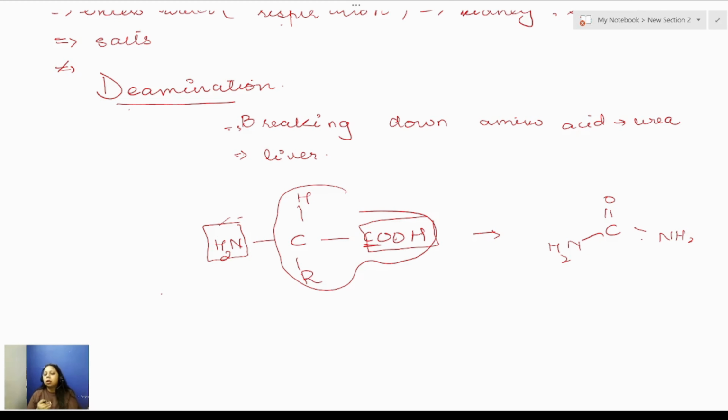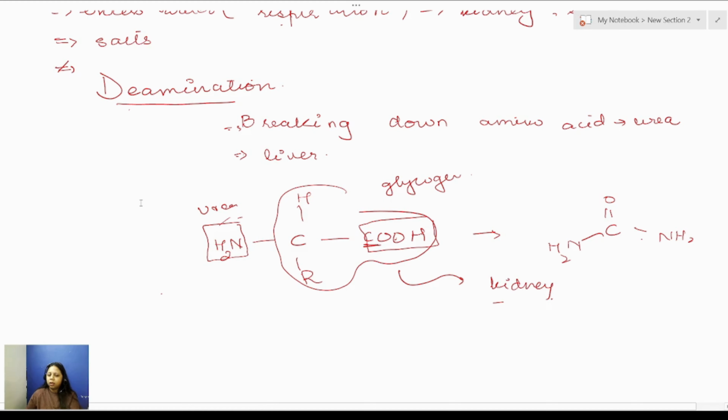The other part turns into glycogen and is stored in our body. So we say that the liver makes glycogen as well to maintain the sugar level. Then the urea is taken from the liver to the kidney for removal.